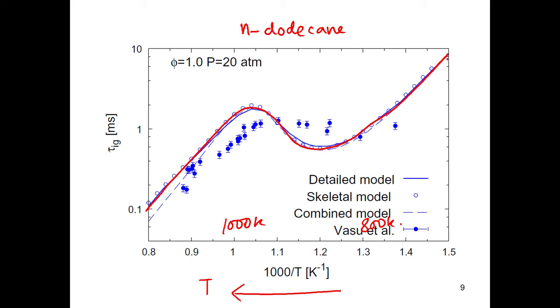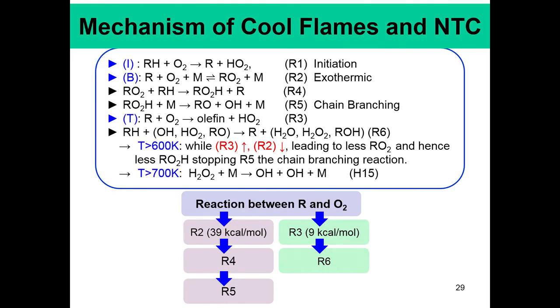And we need to understand what causes this NTC phenomenon because of its relevance to Jet A, and the temperature range is relevant in the gas turbine as well as in the scramjet combustors.